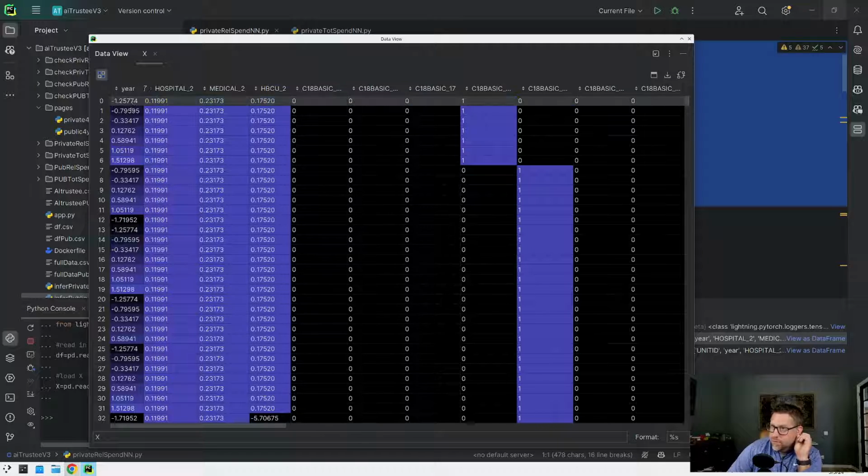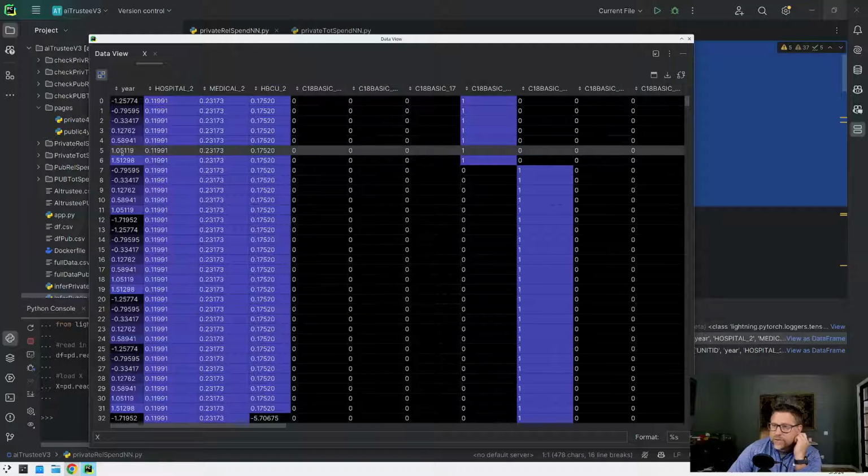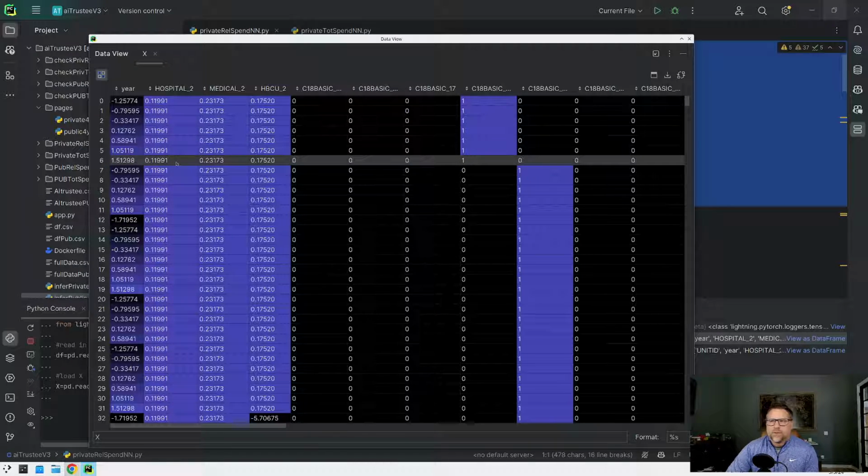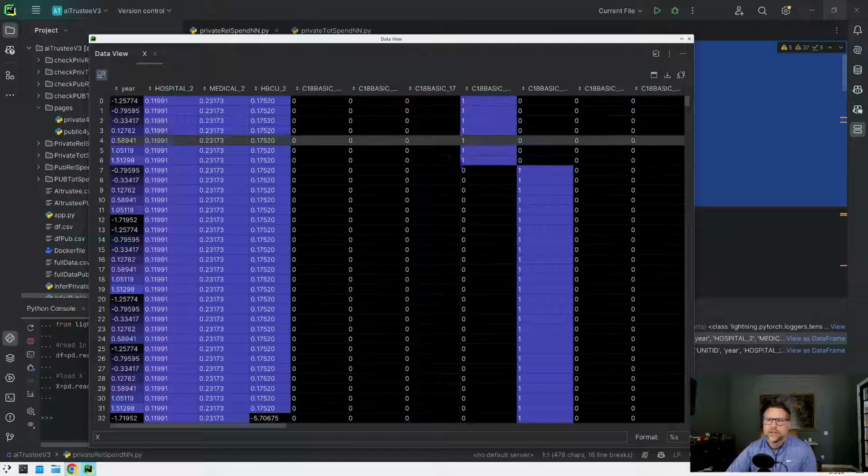I have a control so the model can learn that maybe the year influences relative spending, right? We had COVID recently, so that influenced relative spending in 2021 and probably 22 as well. Maybe some people were not spending as much on auxiliary enterprise since you closed the dorms and things like that.